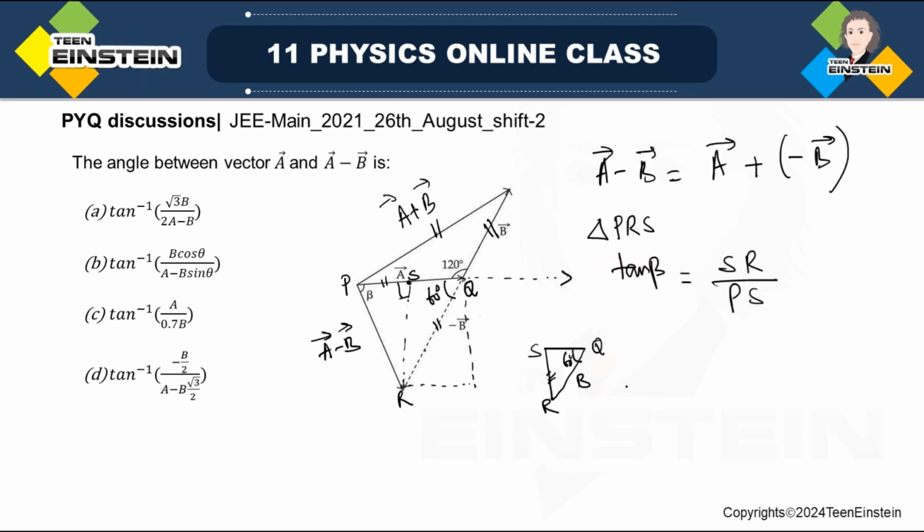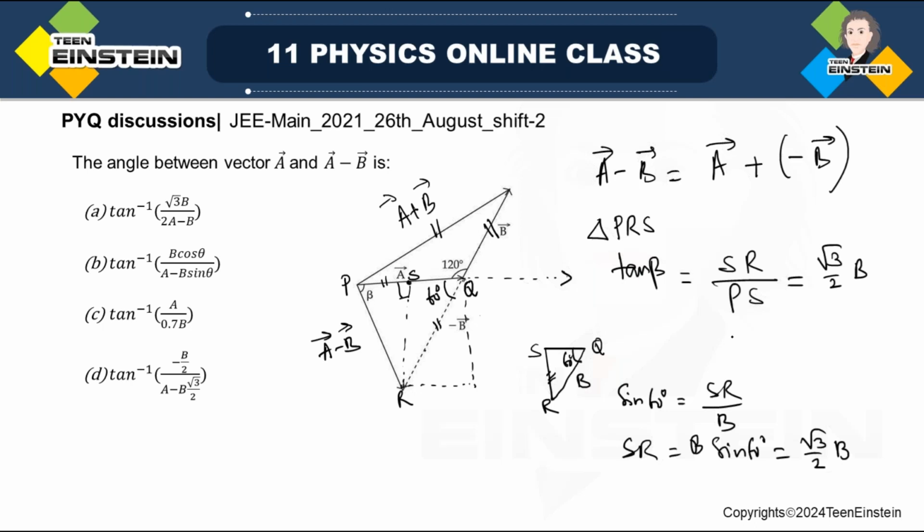If I write sine 60 degree, that means perpendicular by, so SR by B, so SR will be B sine 60 degree. That means root 3 by 2 into B. So SR is root 3 by 2 into B, right?